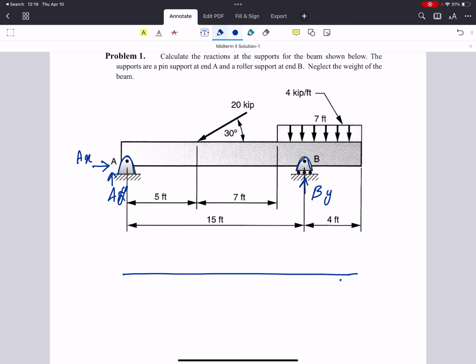So we have to simplify the forces. This one is 7, the length, times the magnitude of the force, 4. This is going to be 28. And where is it? It's right here, 3.5. That is the center of the rectangle.